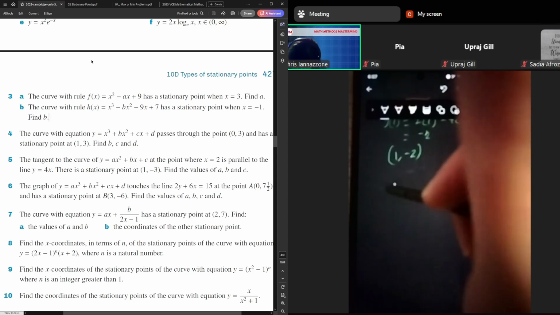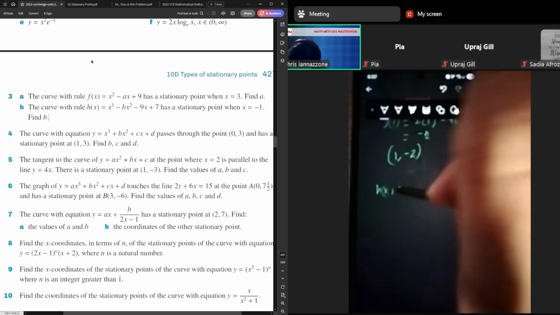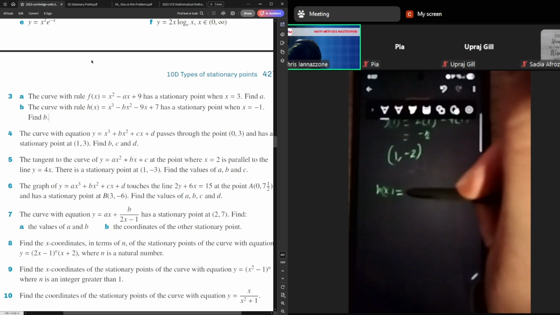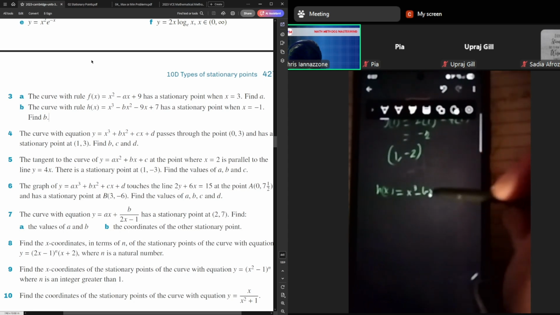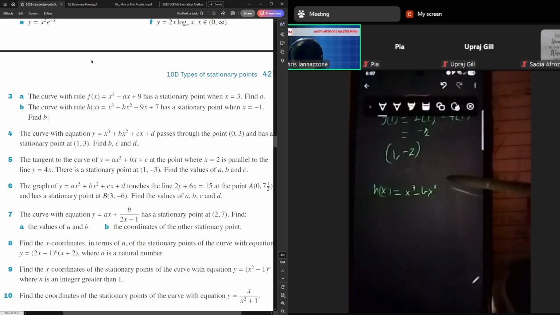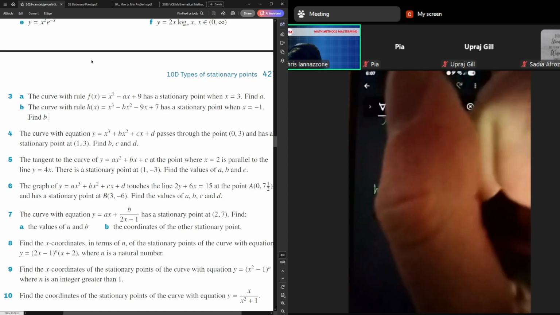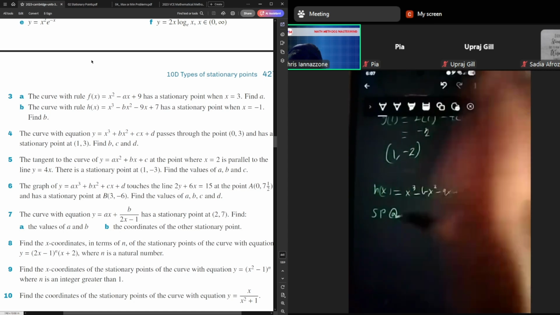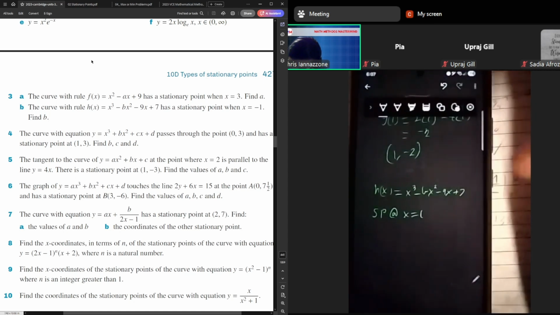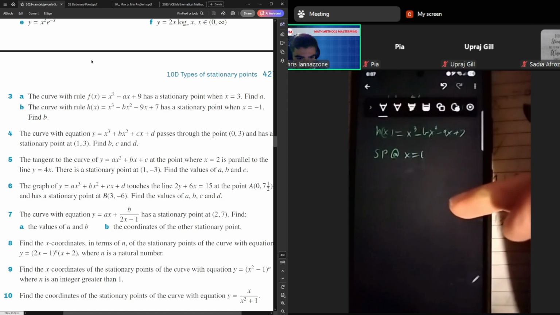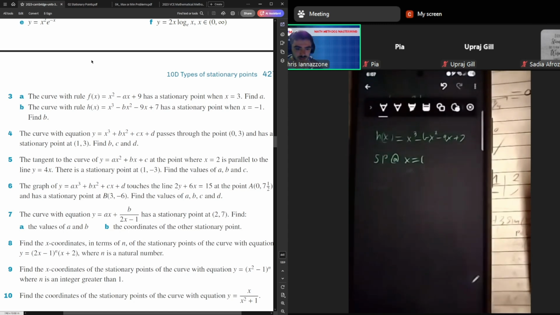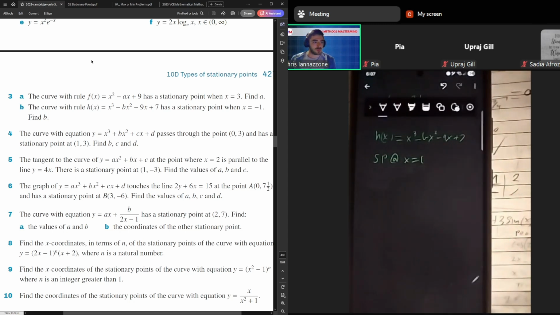That one is h of x is equal to x cubed minus bx squared minus 9x plus 7. And stationary point at x equals 1. Cool. And our goal is to solve for b in that situation. What might we do?